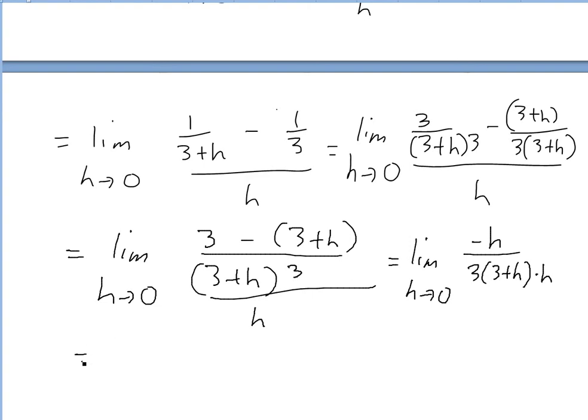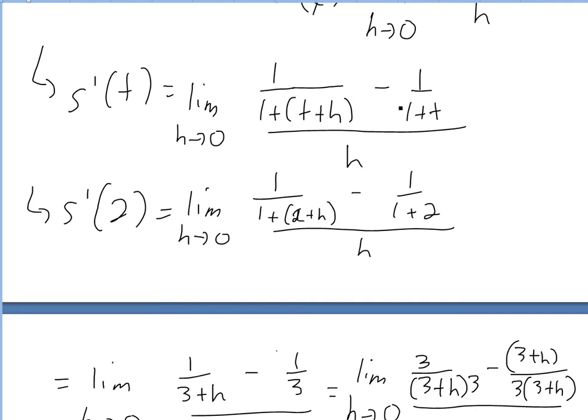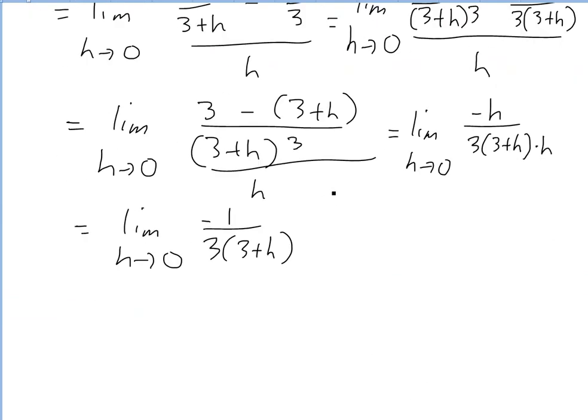So we get the limit as h approaches 0 of negative 1 over 3 times 3 plus h. Now we can just plug in 0 here. Before we couldn't, because you'd be dividing by 0, which is not defined. So if we plug it in, we get negative 1 over 3 times 3 plus 0, and this equals negative 1 over 9.